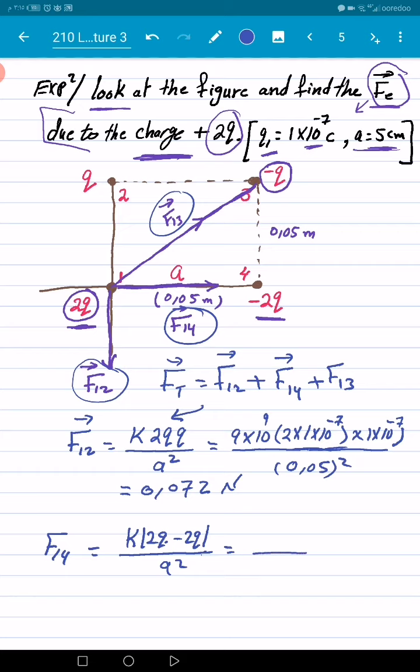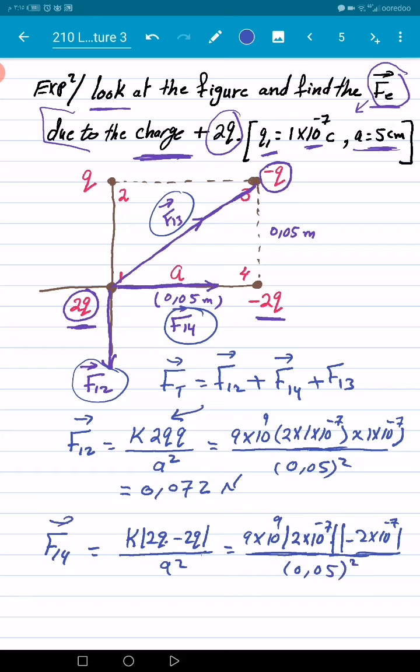So that means K 9 multiply 10 to the power 9, 2Q, 2 absolute value, 2 multiply 10 to the power minus 7, divided by minus 2 multiply 10 to the power minus 7, a squared, 0.05 squared.